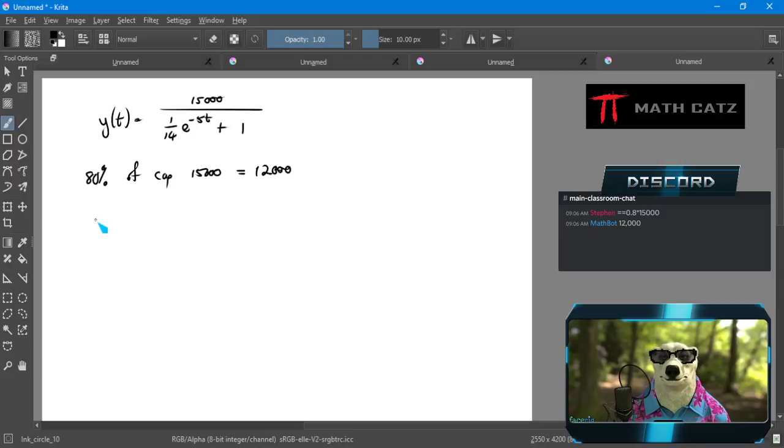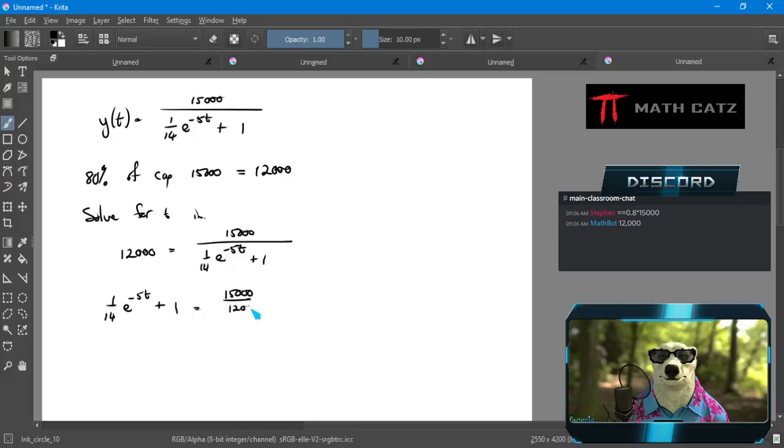So that means we need to solve for t in the equation that we get when we set that equal to 12,000 for y. So we plug in everything, and t is what we are looking to solve. Rearranging a little gives me 15,000 over 12,000 equal to 1 over 14 e to the negative 5t plus 1.